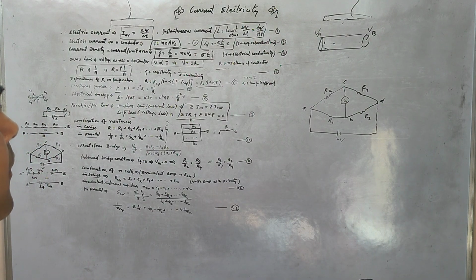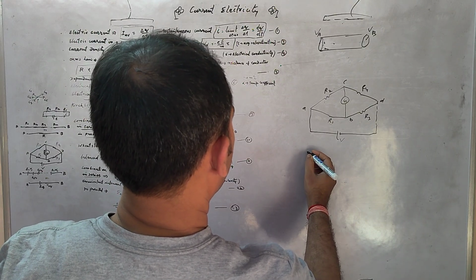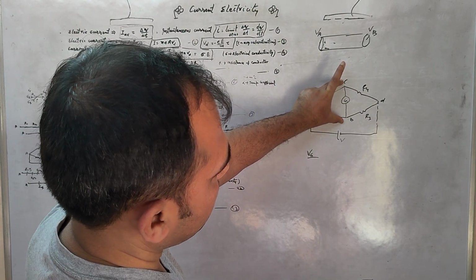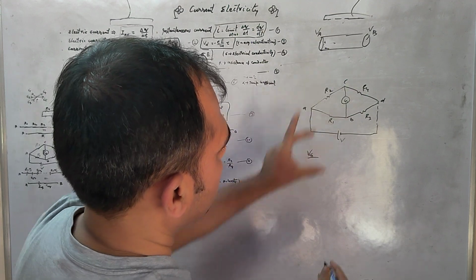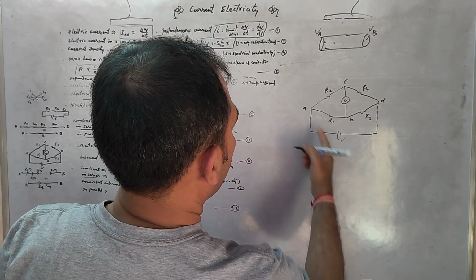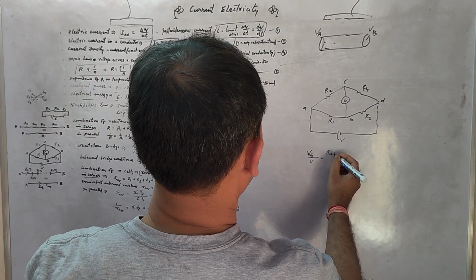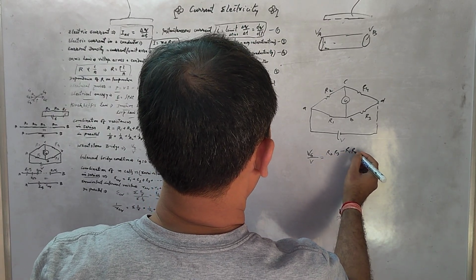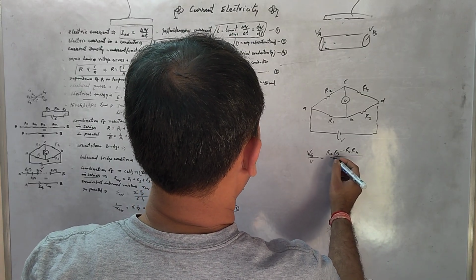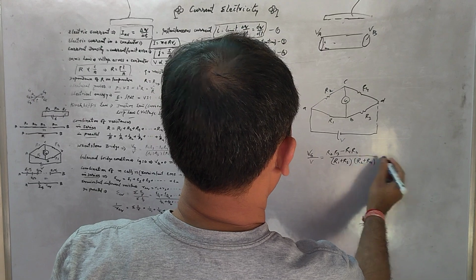So VG, or say VBC, the potential difference across these two terminals, upon the potential difference across A and D, that is VAD, equal to V, will be equal to R2 R3 minus R1 R4 divided by R1 plus R3 multiplied with R2 plus R4, at any general point.